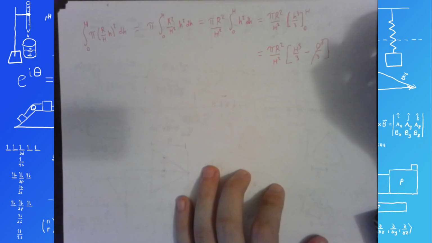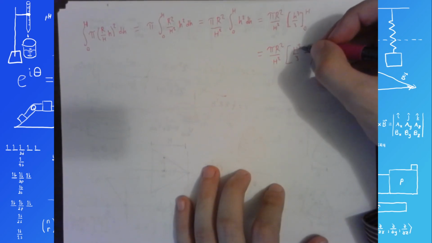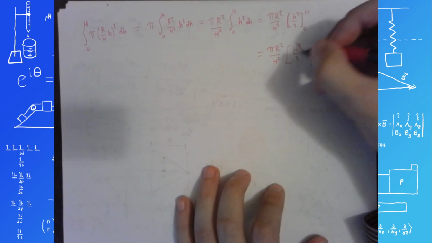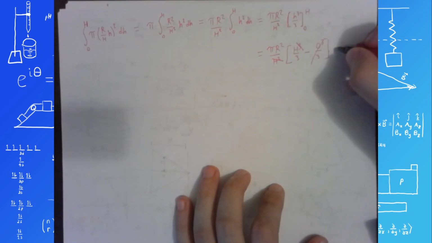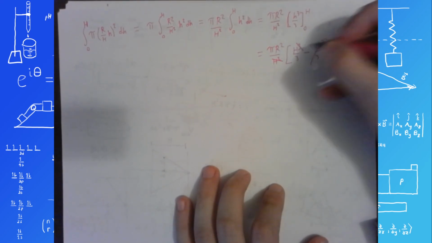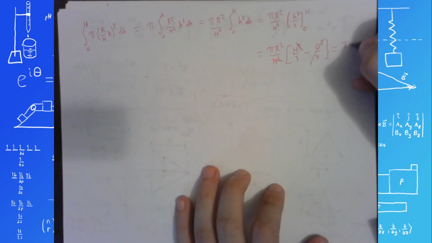Well, the 0 doesn't add anything, so we're just left with this big H cubed. H cubed reduces with H squared to just an H, and all that's left is pi big R squared big H over 3.